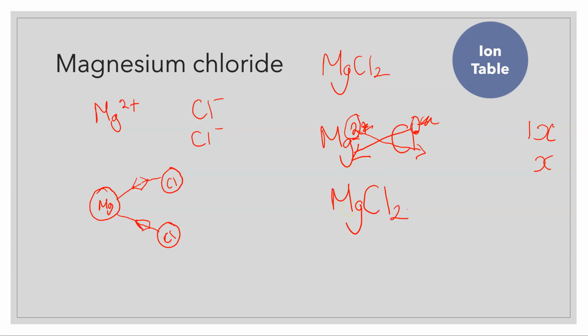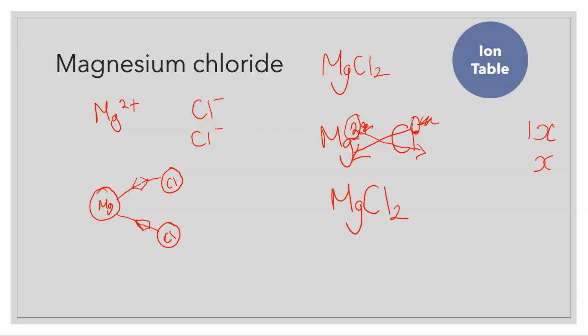Cl2. So that, if we look at this, is the same as this. So in each of the ways that we've looked at it, all 3 ways make MgCl2. So here we have Mg and 2 Cls. Here we have Mg and 2 Cls. And with this one, remembering that these 2 positives would cancel out these 2 negatives, and vice versa.